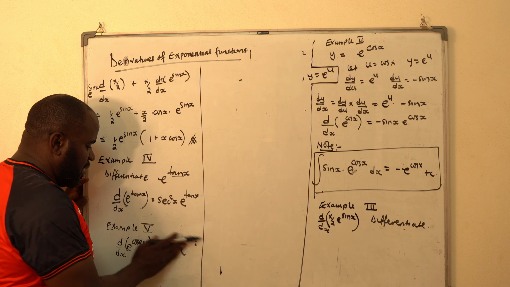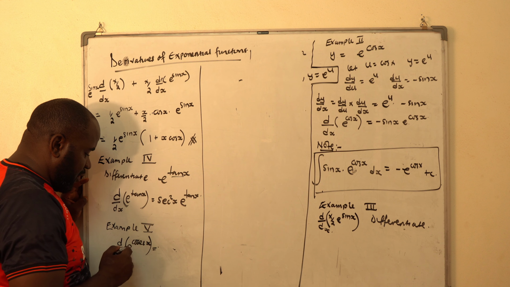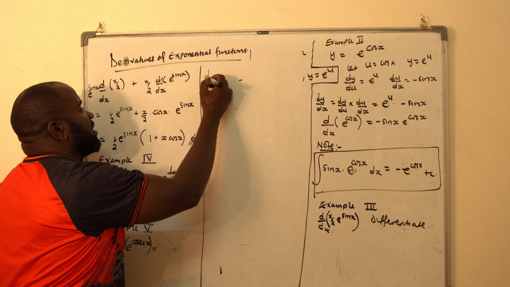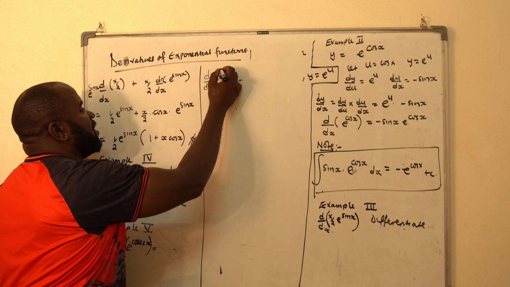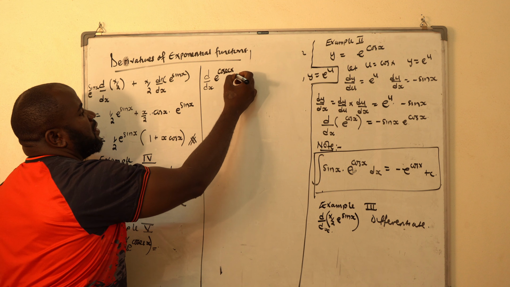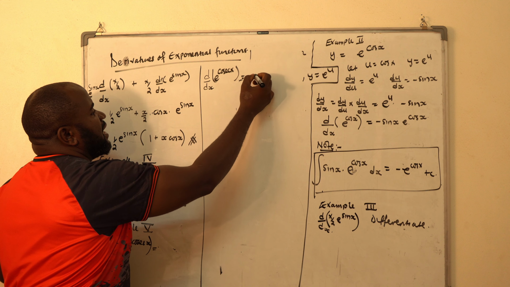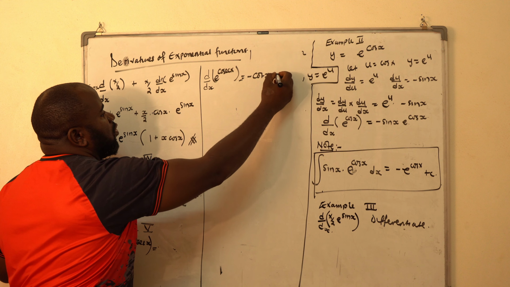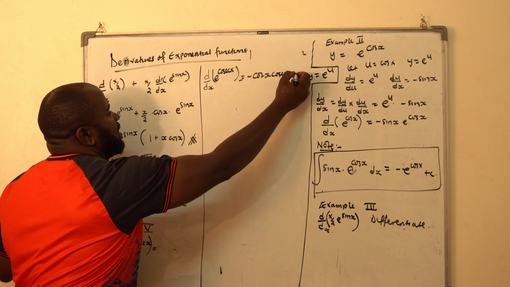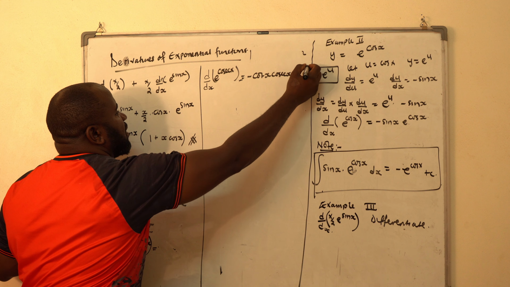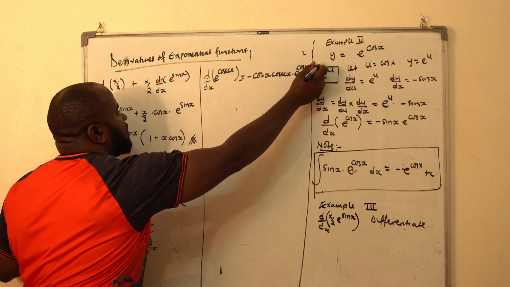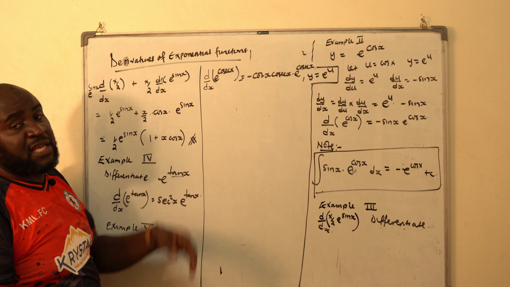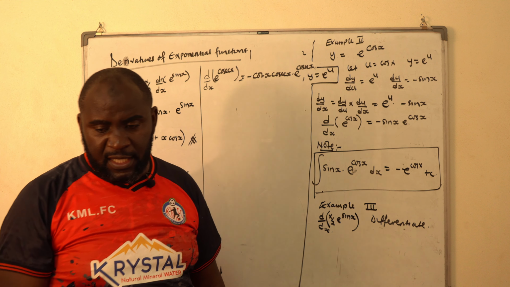Let me write it up here. The derivative of exponential cosec of x: you first differentiate the power, cosec of x, which gives a negative cosec of x cot of x, times exponential of cosec of x, and that's our solution. So if you are to differentiate such a term, the result is going to look like that.